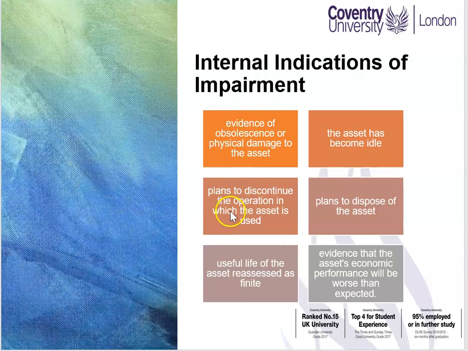Any plans to discontinue the operation in which the asset is used, again, we're not going to get any value from the asset because the operation has now discontinued. Plans to dispose of the asset. Useful life of the asset is reassessed as finite, so forever, not for a fixed period. And there is evidence that the asset's economic performance will be worse than expected. Any of these events, whether it be external or internal, will trigger impairment review.